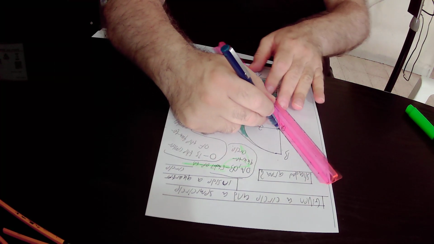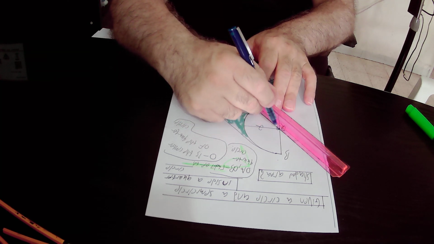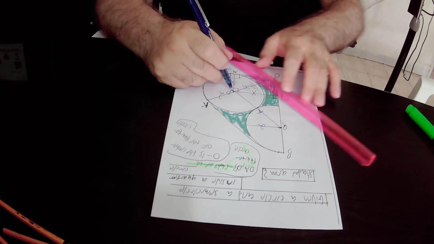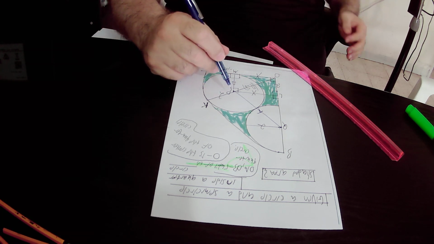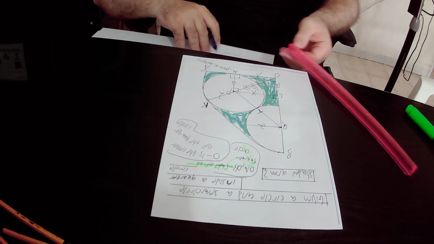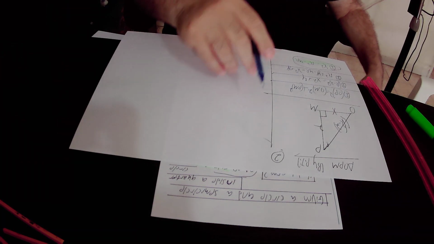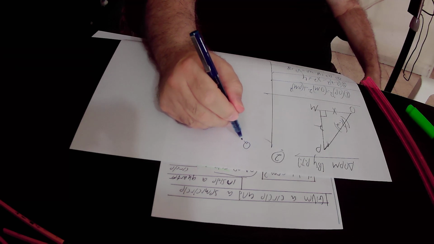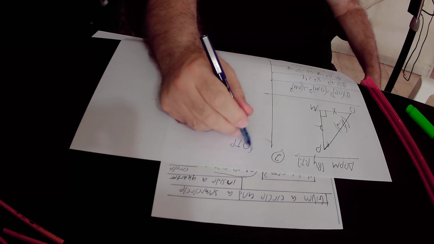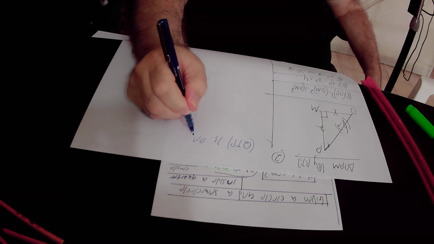Here, the straight line QP must pass through point T, that is to say, QTP is one straight line. Line segment QTP is one straight line.